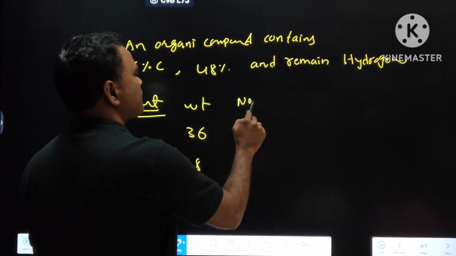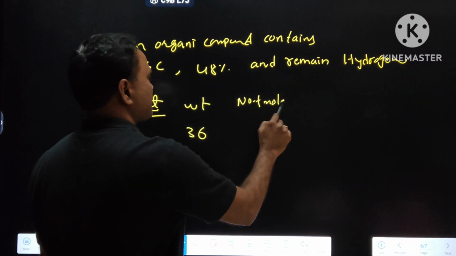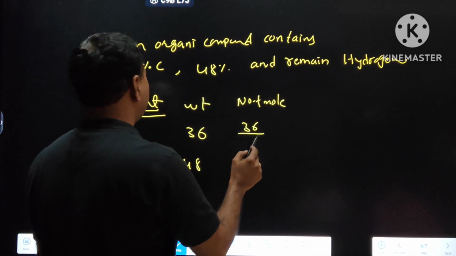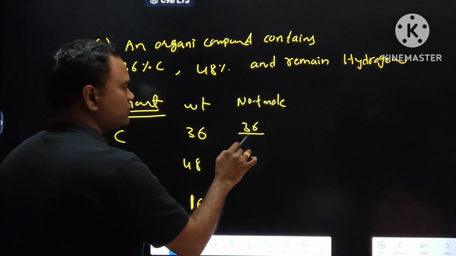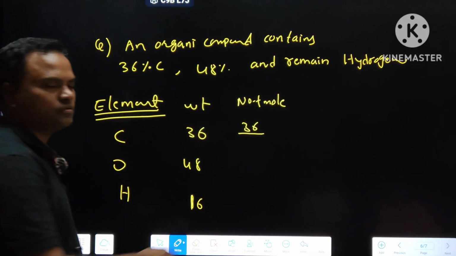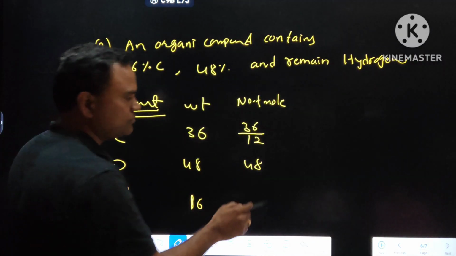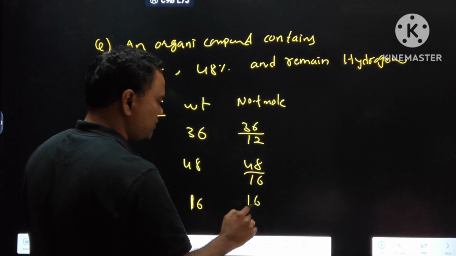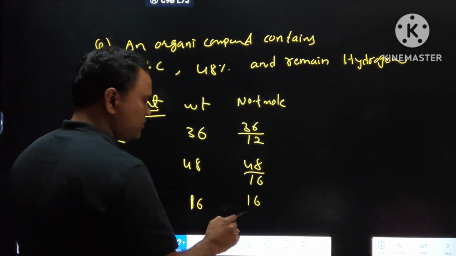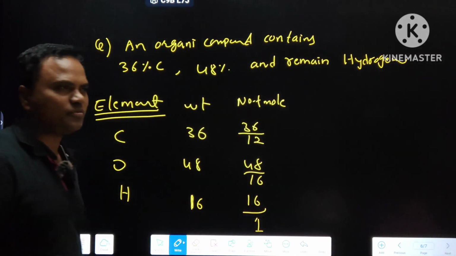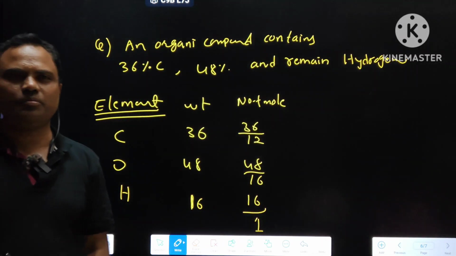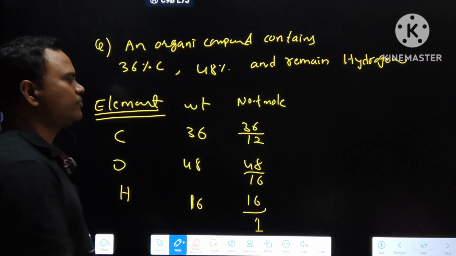Number of moles: 36 by carbon weight 12, 48 by oxygen weight 16, and 16 by hydrogen weight 1. Hydrogen weight means don't take the molecular weight. In empirical formula we take atomic weights only.